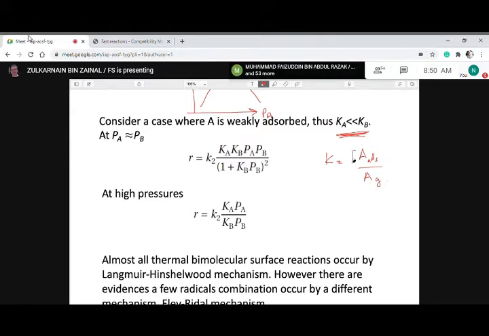So this is at equilibrium. Okay, so if A is weakly adsorbed, then we can reduce the equation into just this equation, right?